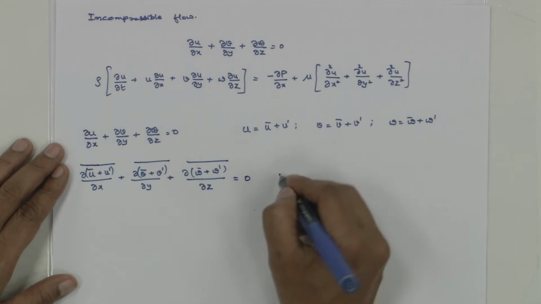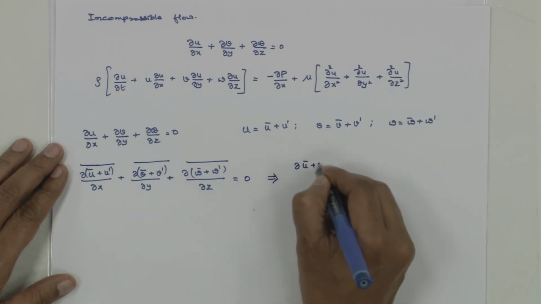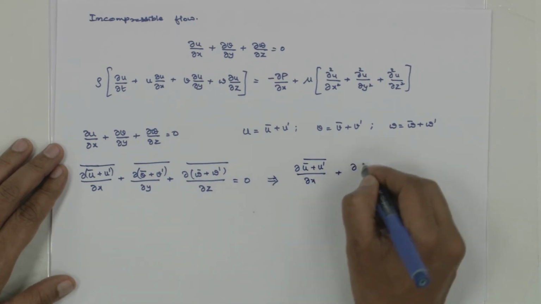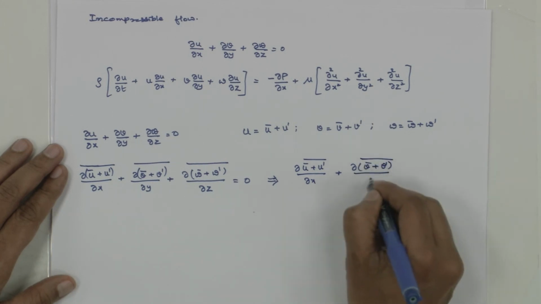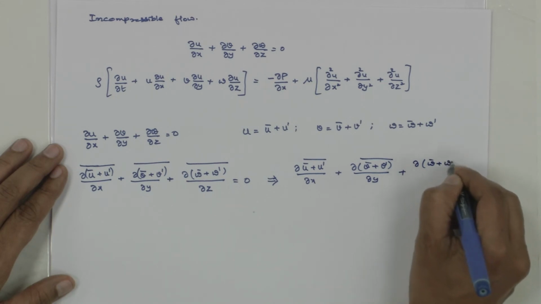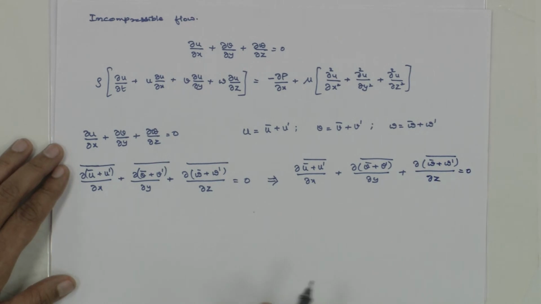Using one of the formulae, you get del of u bar plus u prime bar by del x plus del of v bar plus v prime bar by del y plus del of w bar plus w prime bar by del z is equal to 0.